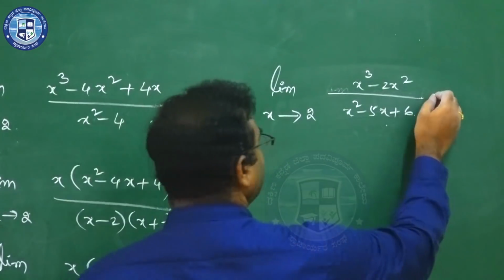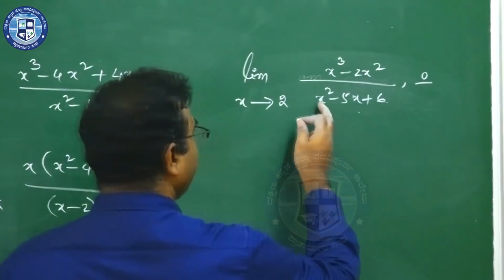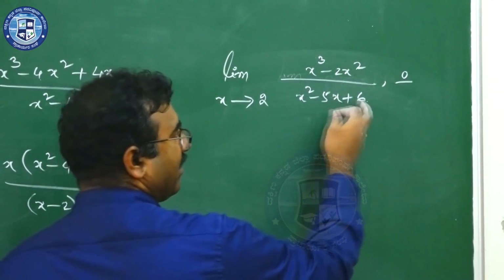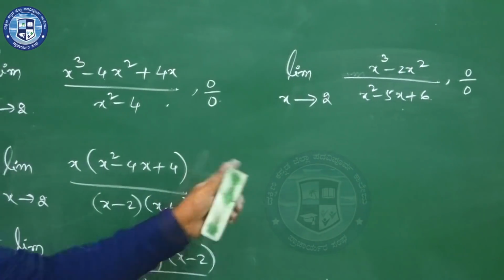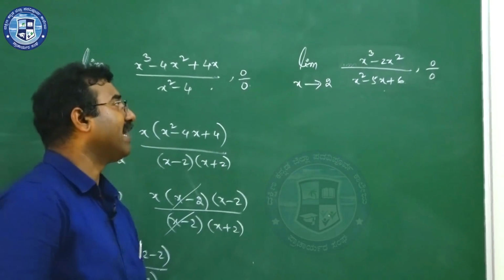Substitute 2 in this, you are getting 8 minus 8, 0, divided by, here also, 2 square, 4 minus 10 plus 6, again 0, 0 by 0. That means definitely x minus 2 is a common factor for the numerator as well as the denominator.